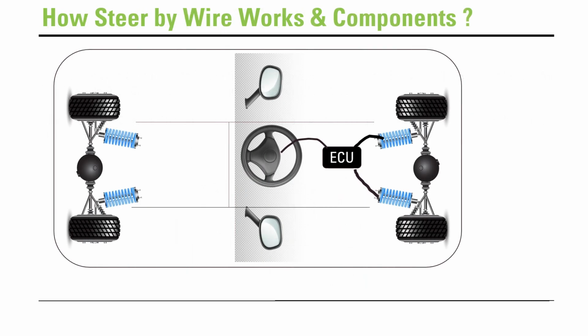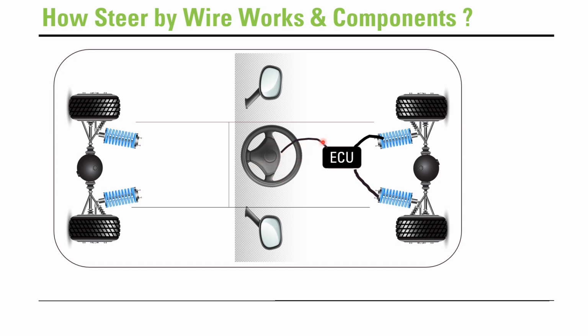So how this steer-by-wire works and components. Basically this has an ECU in between, and there are a couple of motors connected here and here giving the direction of angles to each wheel, and these angles are analyzed by the electronic control unit, which are coming from the steering wheel of the steer-by-wire system.